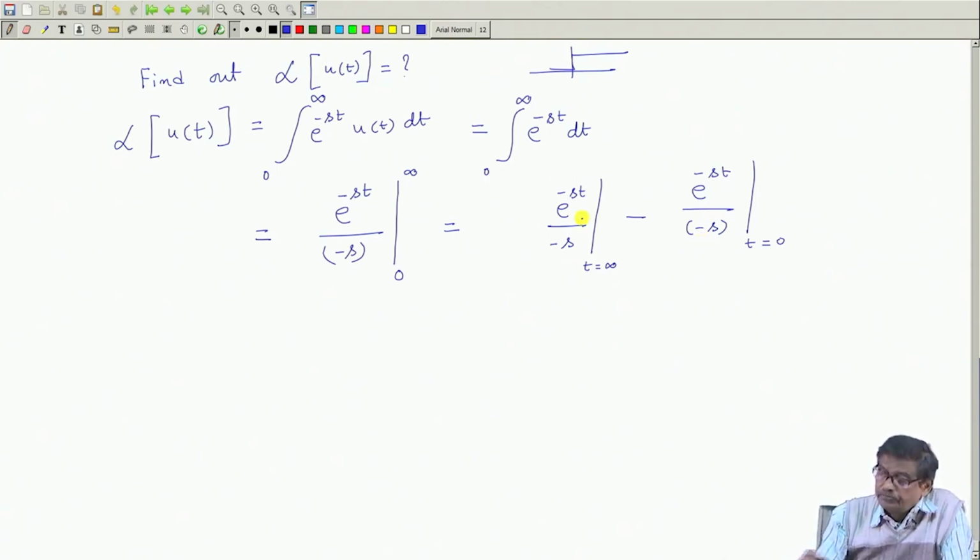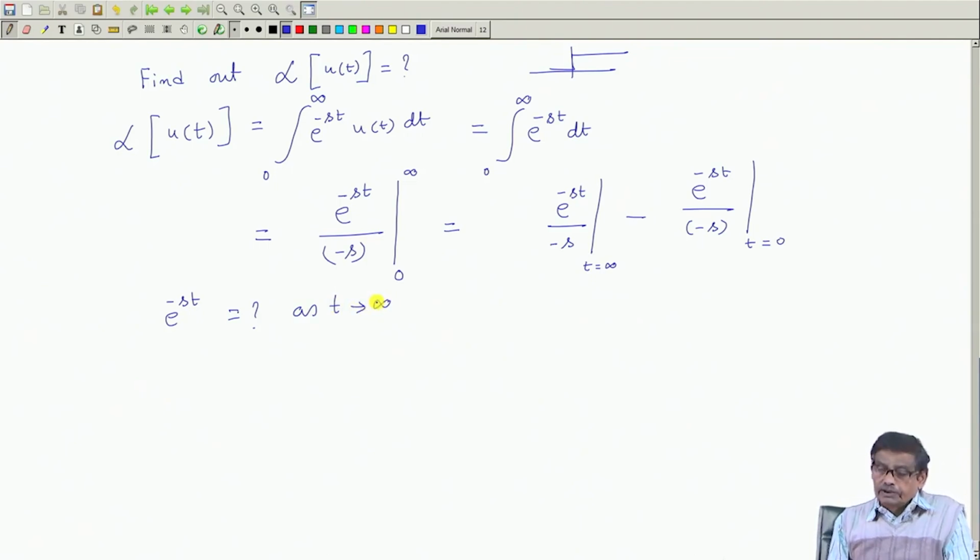So, I have to find out these values. Now look at this first term e to the power minus st. What does it do? What is it as t tends to positive infinity? That is what we have been asked to calculate.